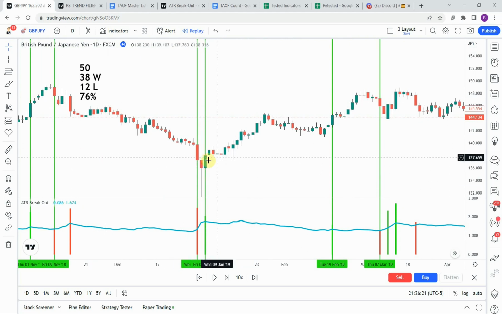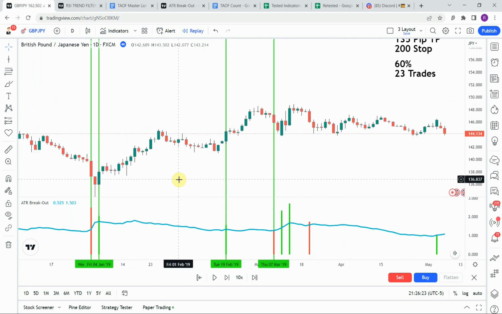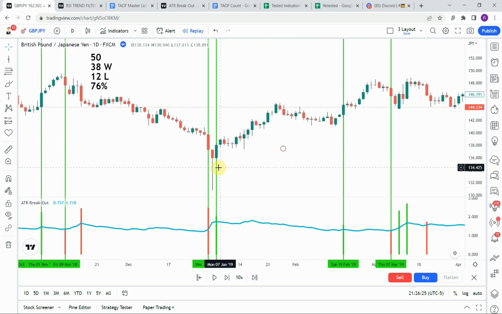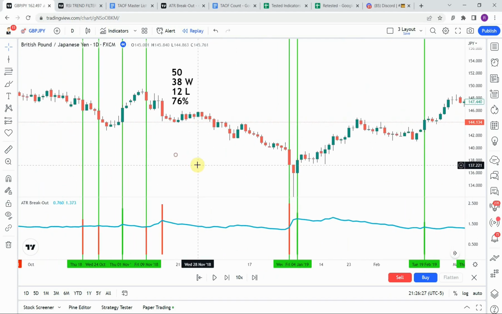People use the ATR quite a bit. I, again, in my opinion, believe that these large ranged candles, these candles that break outside of your normal range, typically indicate a lot of momentum and movement in a particular direction. And so 76% win rate. We've only had one other indicator that's gotten to the 76% at this point, and so this will be our second one.